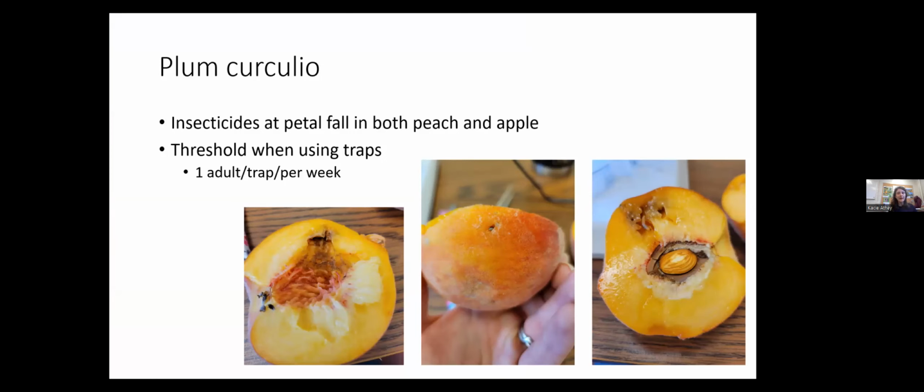And it seems like the threshold, based on everything I can find, is about 1 adult per trap per week would institute a need for control. So that threshold is pretty low to have to go out there and spray for this particular pest. And of course, obviously these are all pictures of peaches, but you're going to see the same sort of activity inside of an apple.